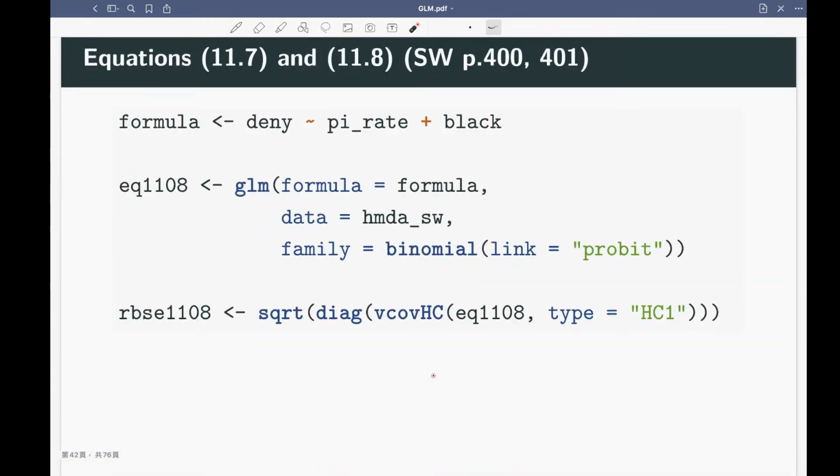And next, we also model the two regressors model, PI ratio and a break. We also input the formula, choose a data set, use a Probit link for the binomial family. We also use the vcovHC to calculate the robust standard error.